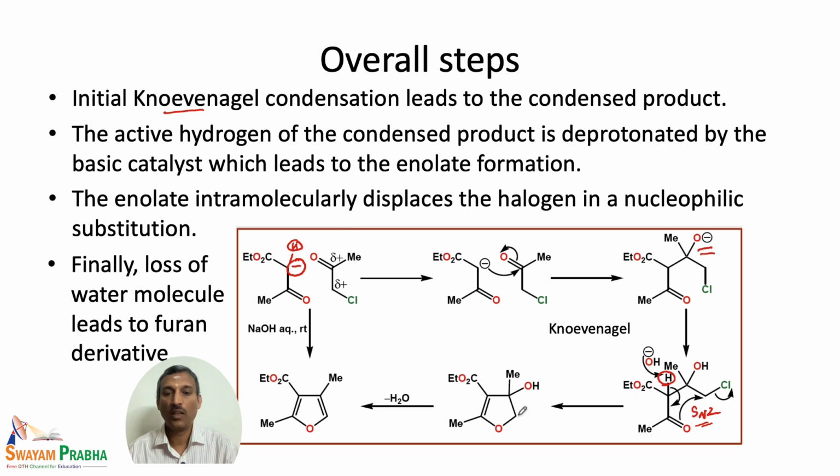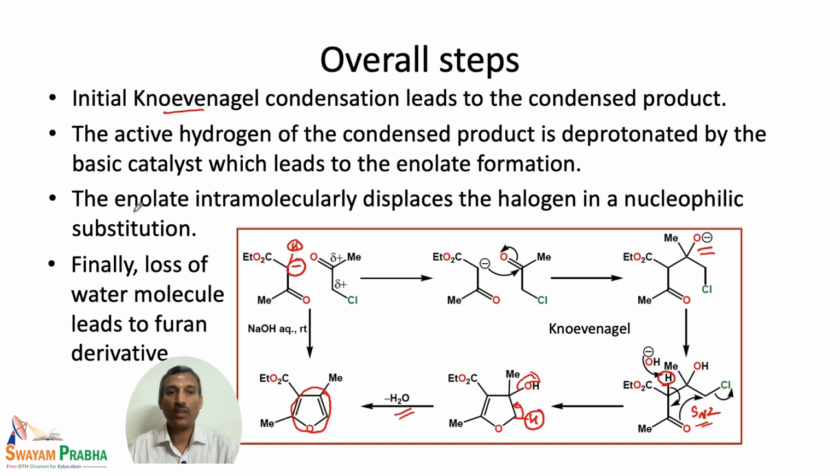So here we have a hydrogen atom in this particular carbon. So this is now lost and this OH is lost. So these two combine together to give a water molecule. So the loss of the water molecule leads to the aromatization of this particular moiety. So that is one of the driving forces for this reaction.